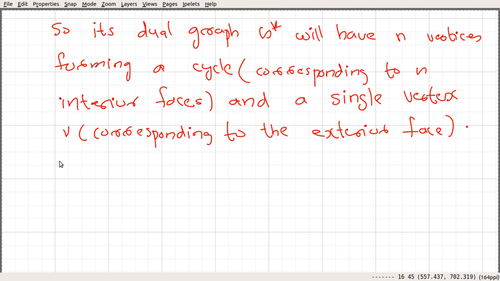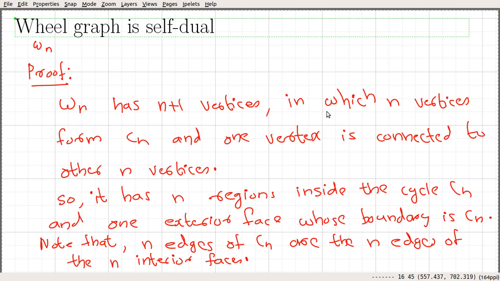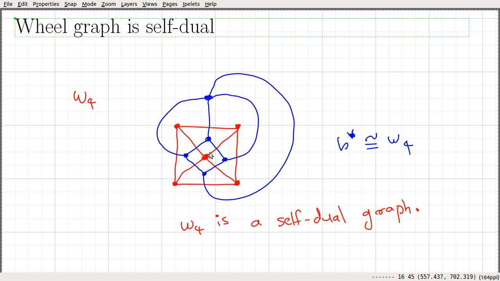We can very easily see that this vertex V of G dash will be adjacent to every vertex in that cycle, since the exterior face of G is adjacent to all the interior faces. Here we can see that this exterior vertex V is connected to all the vertices corresponding to these interior regions, because they share these edges of the cycle with this region.